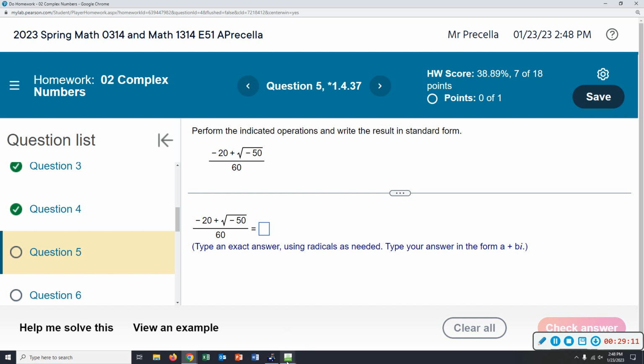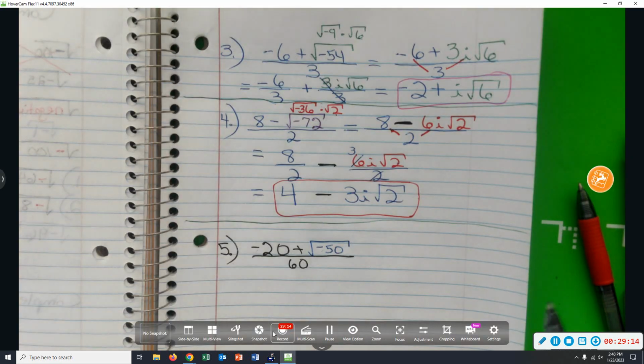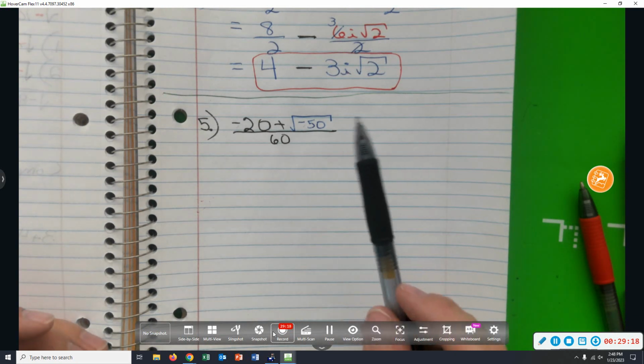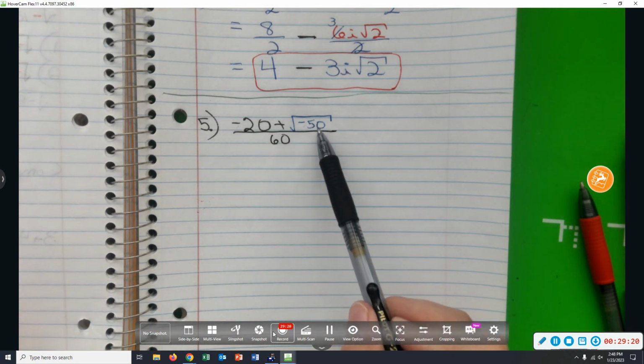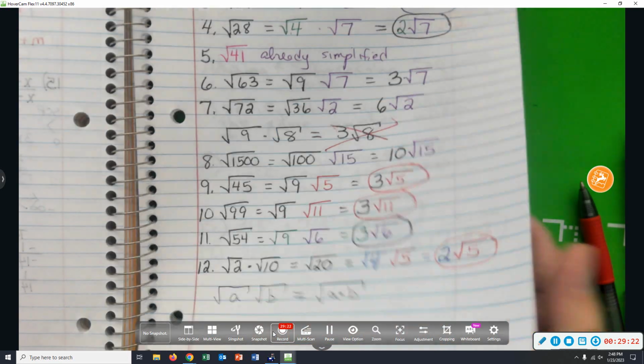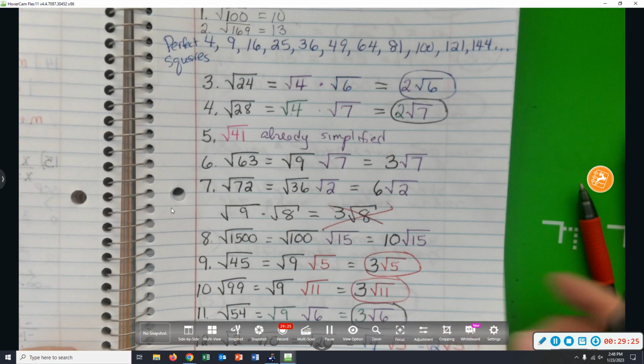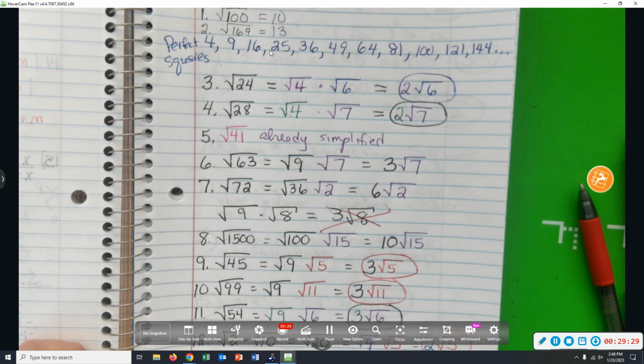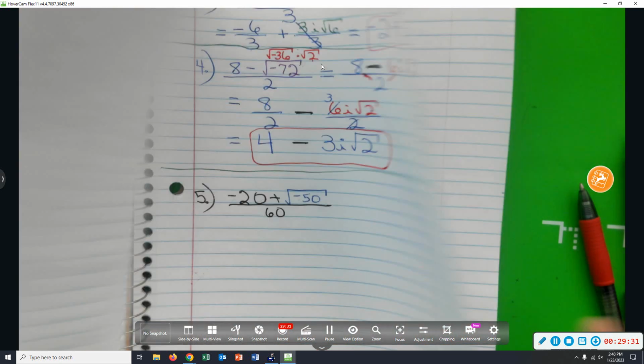Okay. Let me flip over so you can start writing it out. Is 50 a perfect square? No. And what's the biggest perfect square that divides evenly into 50? You said 25.